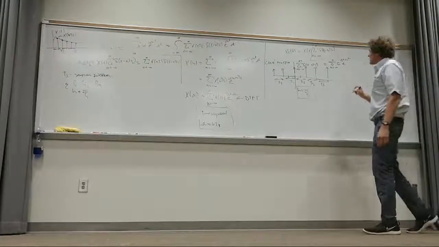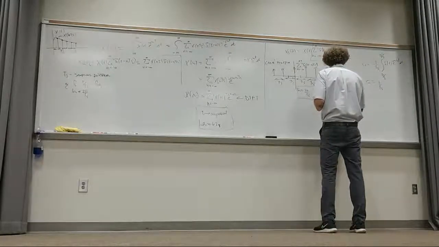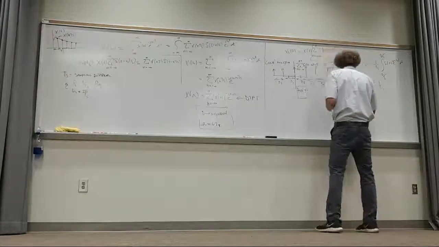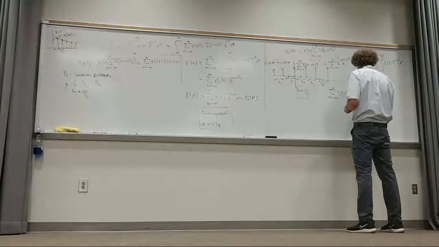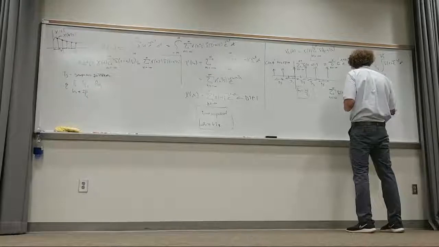Therefore, this whole delta function series is just going to be 1 over Ts times the summation, where n equals minus infinity to infinity of e to the j n omega naught t.